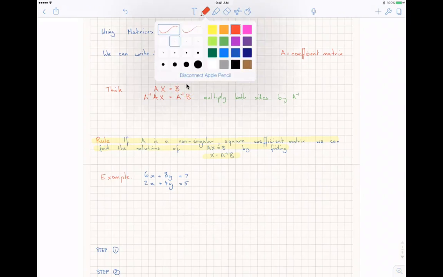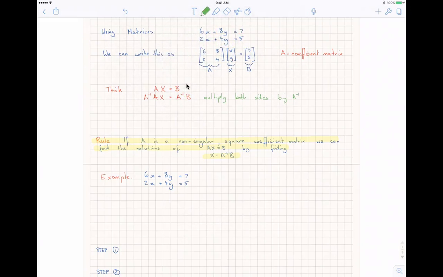Now, what we should notice is that if we have A inverse times A, from the previous exercise we know that it is just equal to the identity matrix.